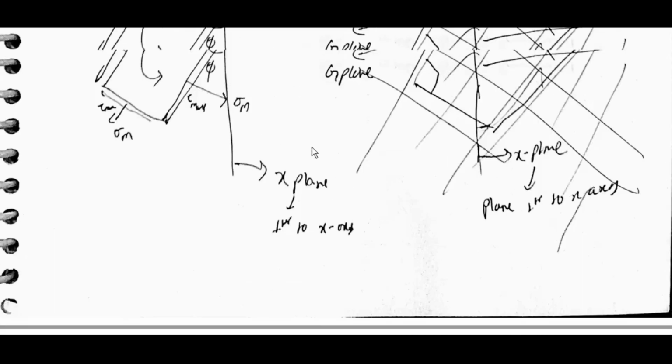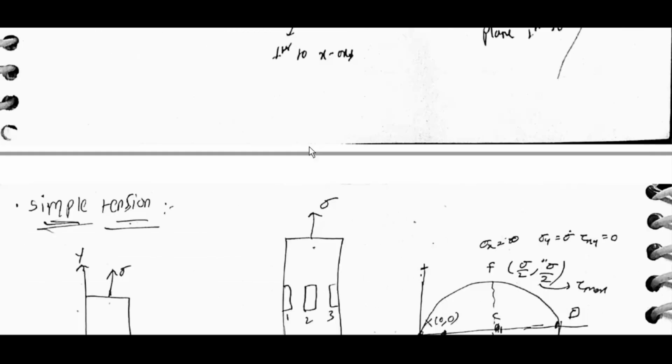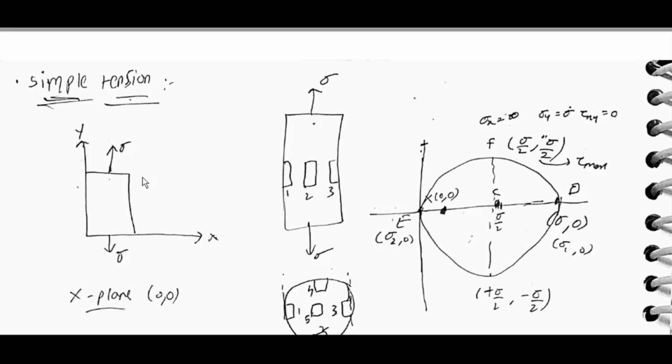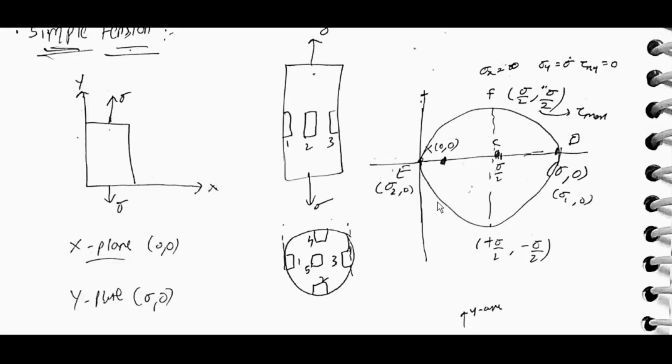Consider simple tension, with stress sigma perpendicular to the x-axis. The x plane is sigma comma 0, and the y plane is 0 comma 0. Assume this circle through 0 comma 0 and sigma comma 0.